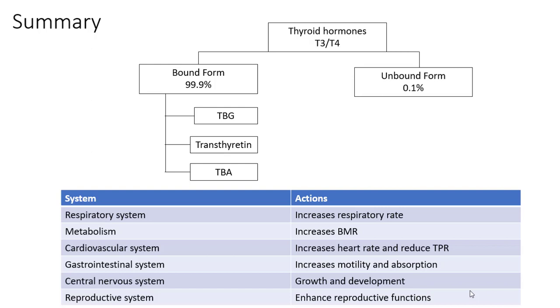on multiple systems. Within the respiratory system it increases the respiratory rate, and the metabolic actions of thyroid hormone increase the basal metabolic rate, BMR. Thyroid hormone acts on the cardiovascular system, which increases the heart rate and reduces total peripheral resistance.